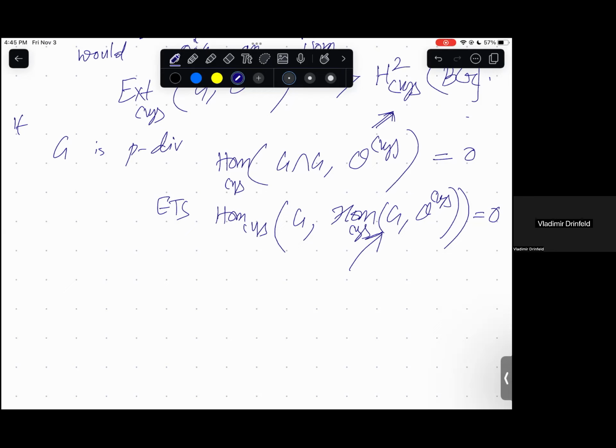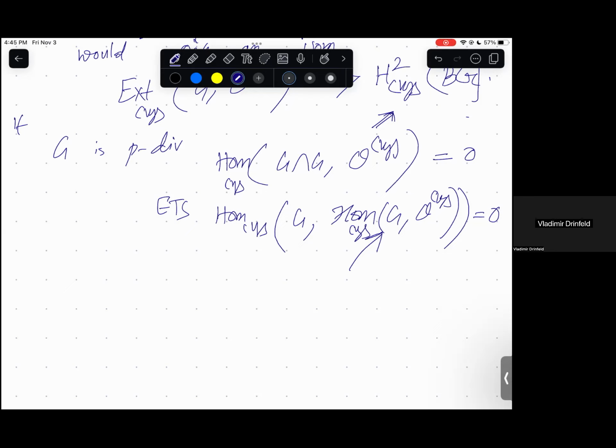So if we have a central extension of an abelian group G by A, then what could prevent this central extension from being abelian?